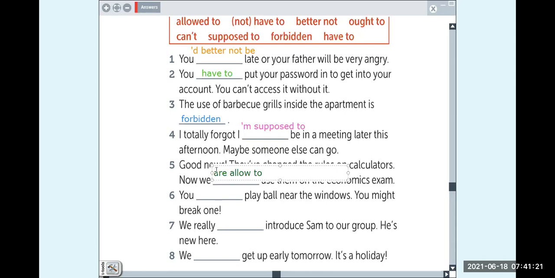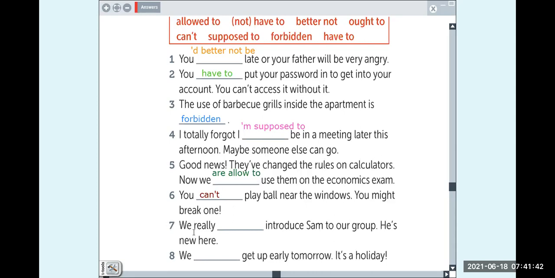We are allowed to use them in the economics exam. Number 6, you can't, right? Very good. You can't play ball near the windows. You might break one.